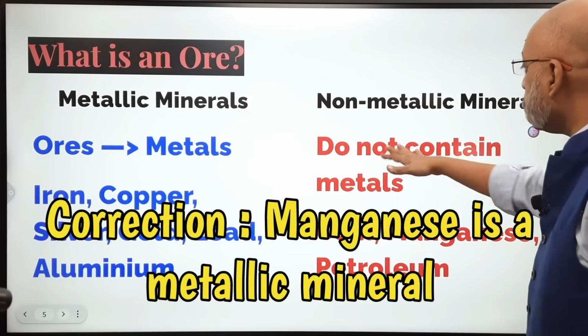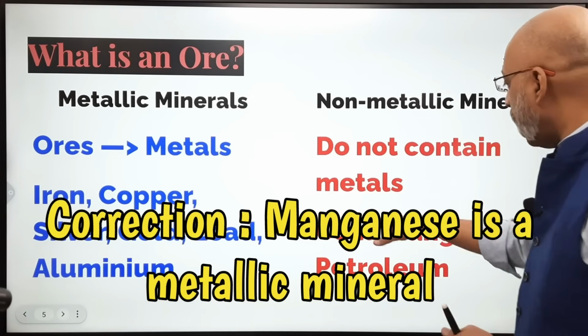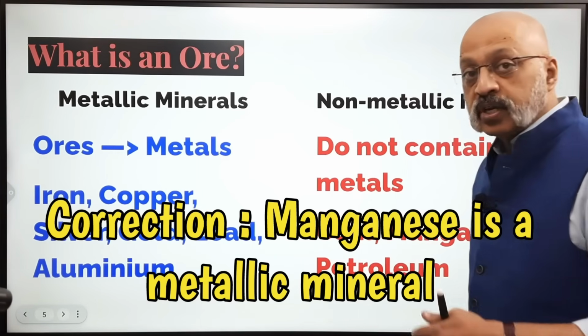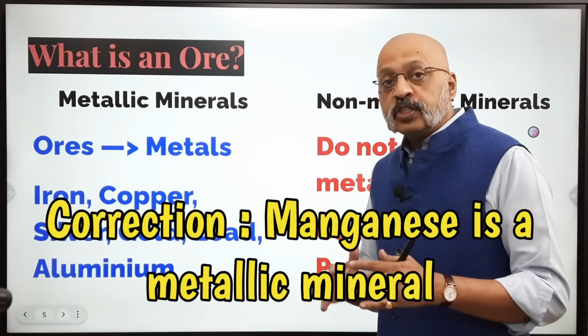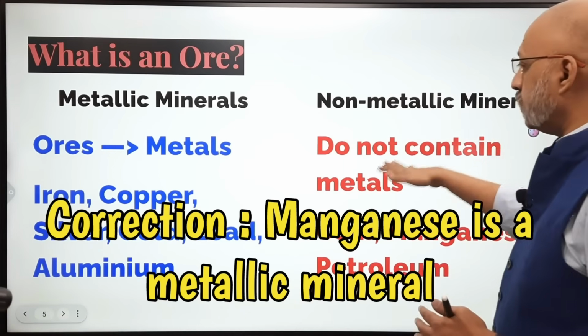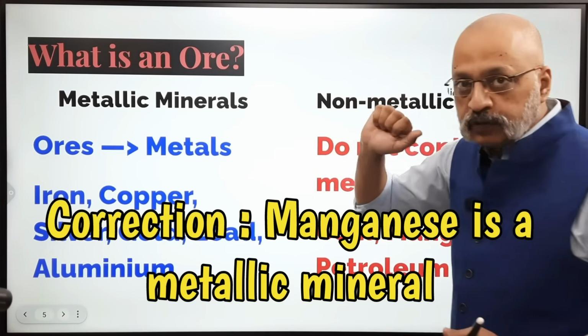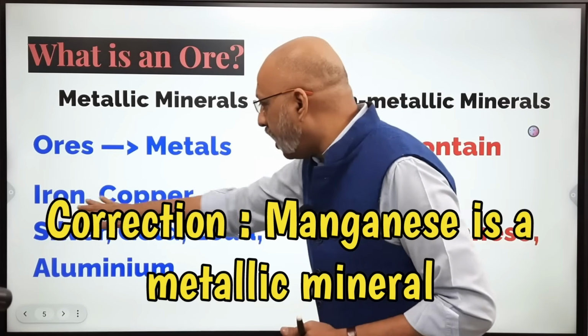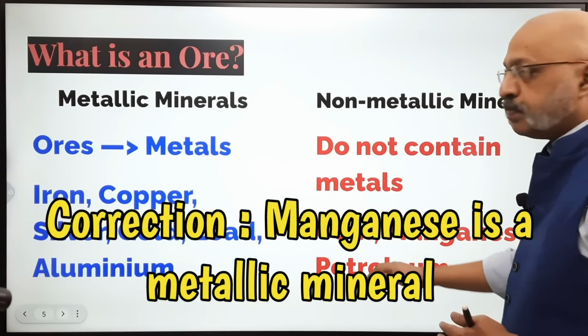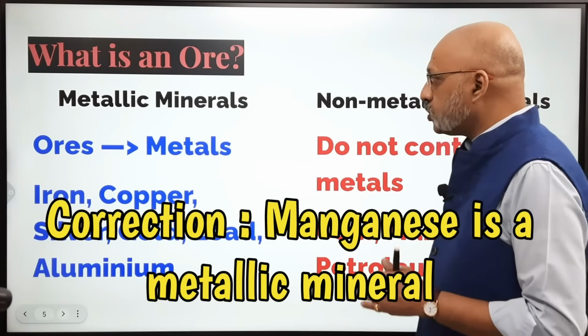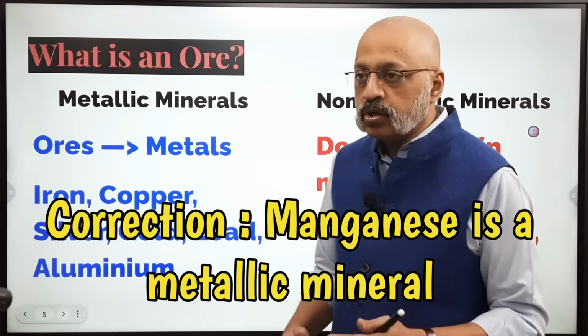The non-metallic minerals do not contain metals, and you have coal, manganese, petroleum, etc., about which we will read in the second part of this chapter. As far as your syllabus, we need to look at iron, copper, and we also need to look at coal, manganese, petroleum, etc. So those are the things which you need to know.